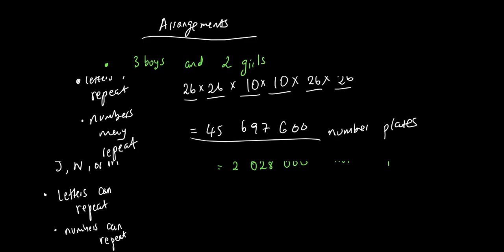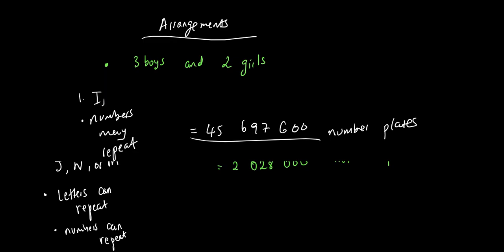Suppose you have 3 boys and 2 girls. Then I ask you, in how many ways can they sit on a row?